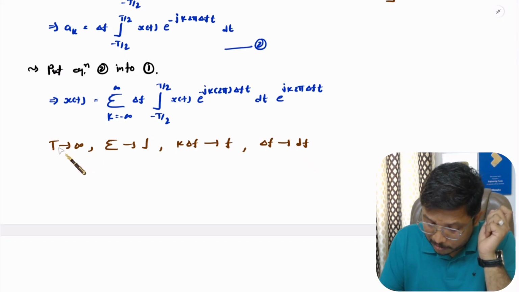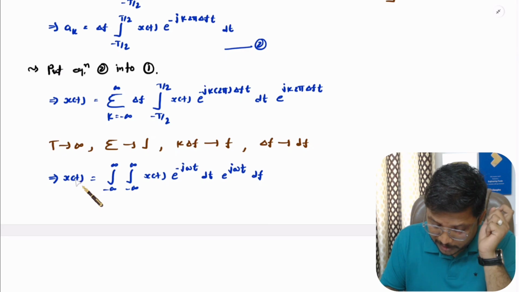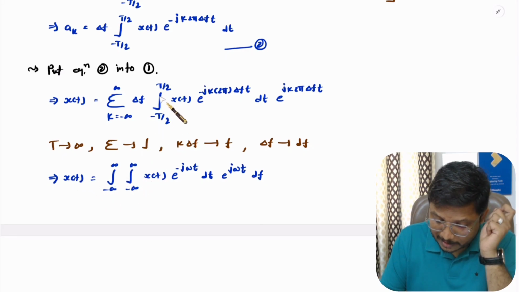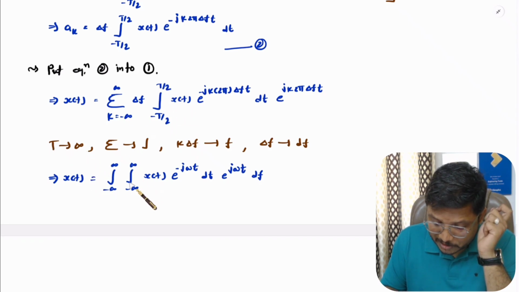So if you apply all these basics in this equation, then your equation will become x of t is equal to double integration. First integration was having limit from minus T by 2 to T by 2. As T is going towards infinity, now that integration is having limit from minus infinity to plus infinity. This summation that I'm translating into integration, where integration is having limit from minus infinity to plus infinity.